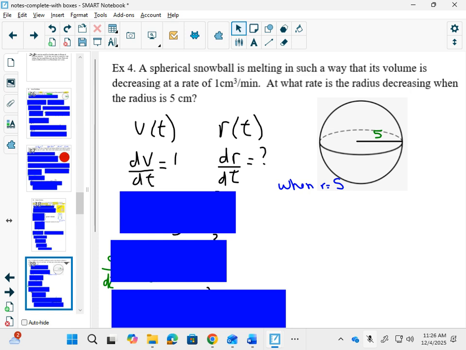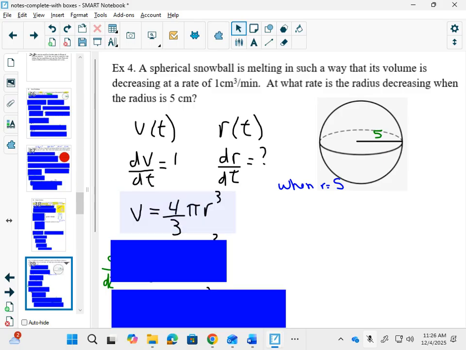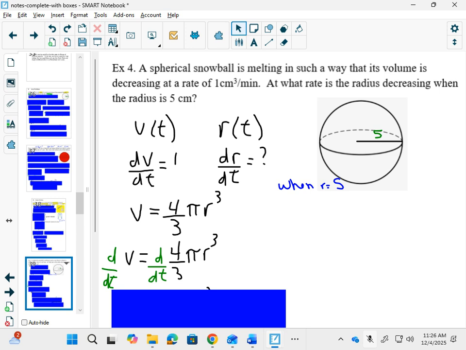Do we have a formula that relates volume and radius? Well, we talked about it earlier. Do you remember it still? 4/3 pi r cubed. So we could do implicit differentiation. You want to try that next step on your own, see if you get the derivative?